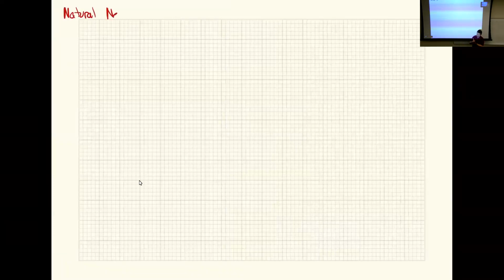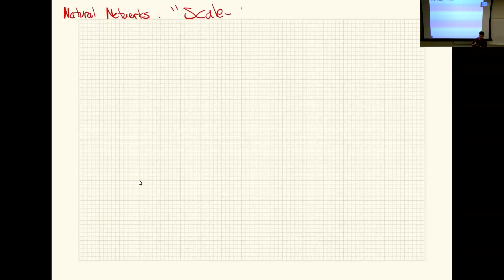So natural networks are scale-free networks, and this is a type of small world network.